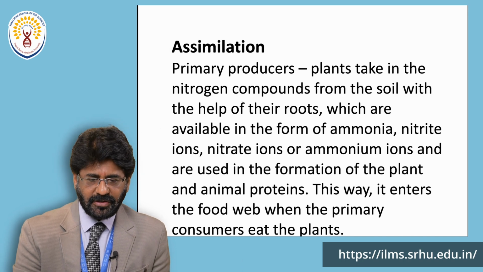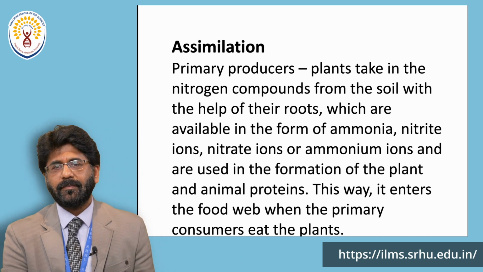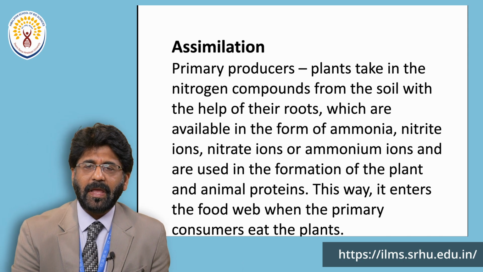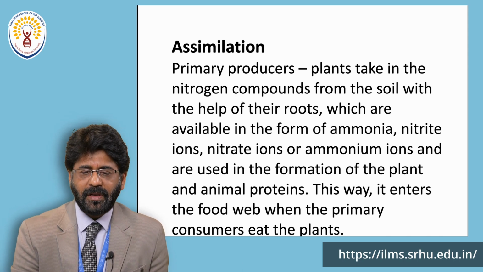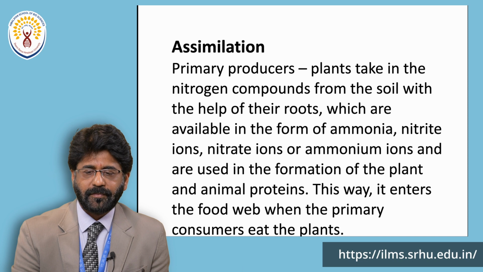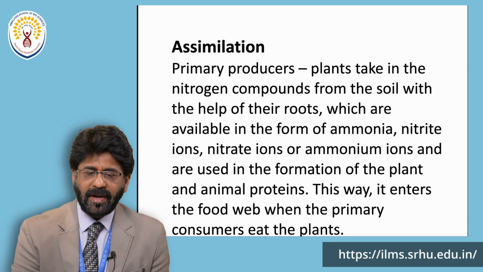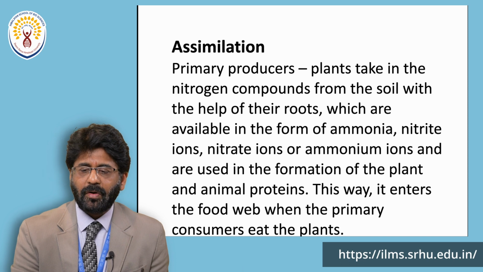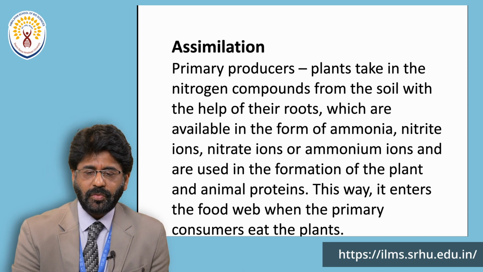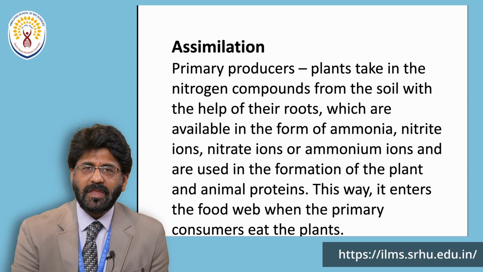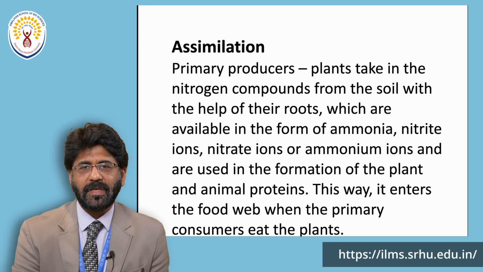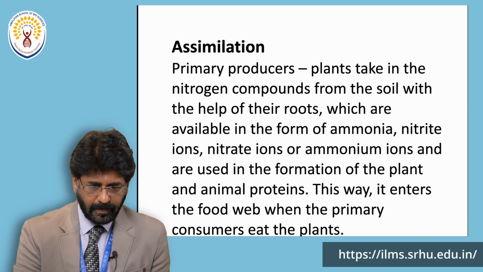Next is assimilation. Primary producers, basically the plants, take in nitrogen compounds from the soil with the help of their roots, which are available in the form of nitrite ions, nitrate ions or ammonium ions, and are used in the formation of plant and animal protein. This way it enters the food web when the primary consumers eat the plants.